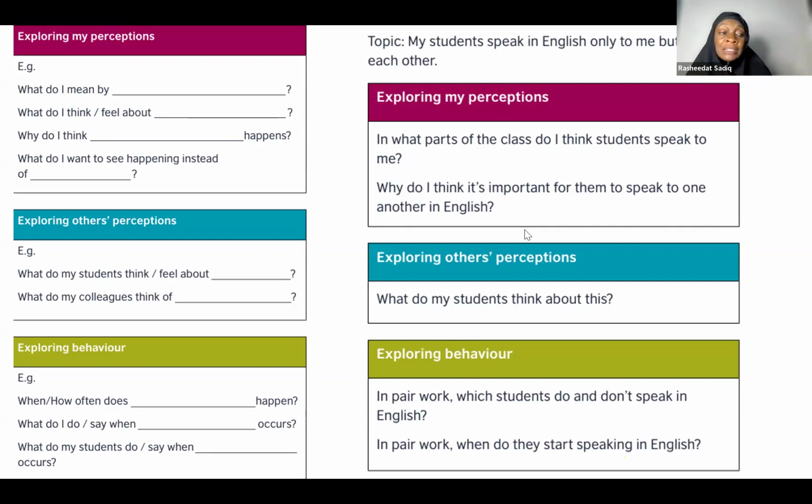If it's happening outside the classroom, it may not be an issue. So now she needs to think about, okay, in what parts of the class do students speak to me? Why do I think it's important for them to speak to each other in English? So you need to look at, okay, this question I'm asking, is it really relevant? I mean, isn't it okay if they speak to me? Why do they need to speak to each other? Then also, they speak to me.